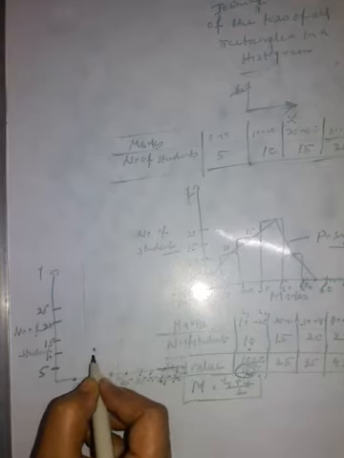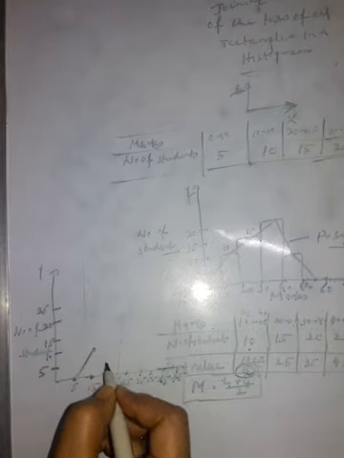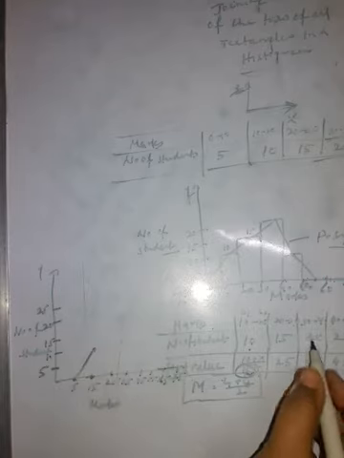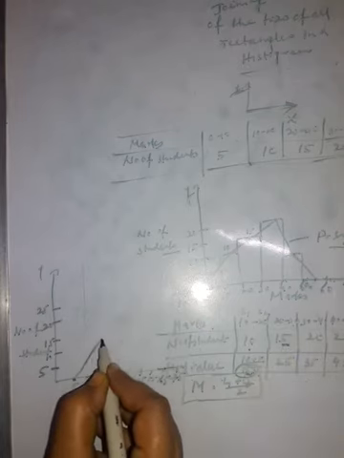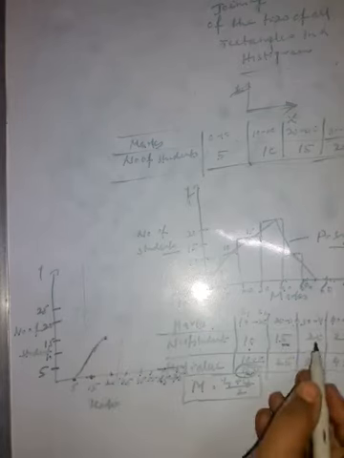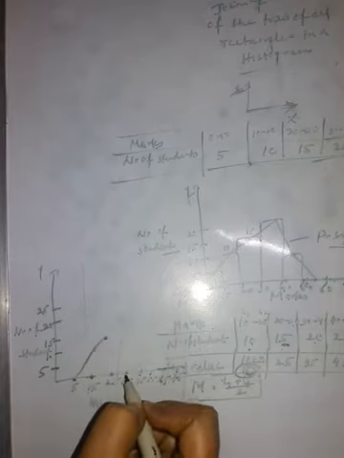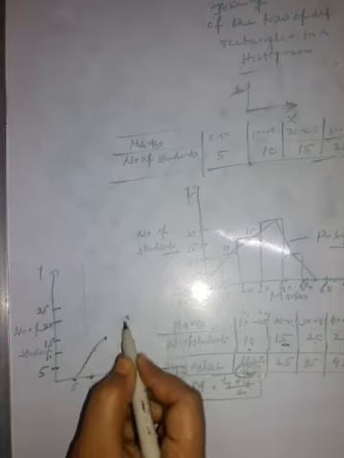Then at 25 we have 15, then 20, then 20.